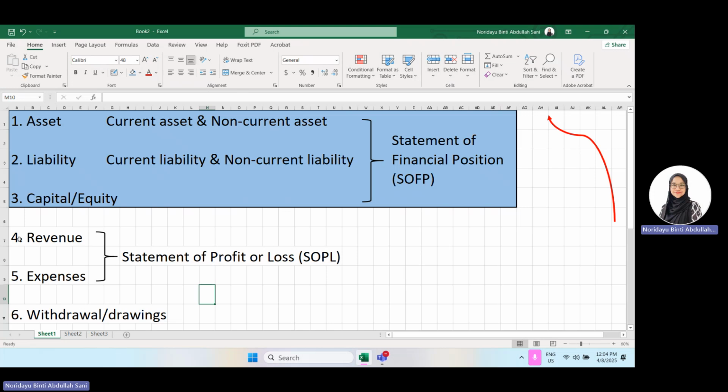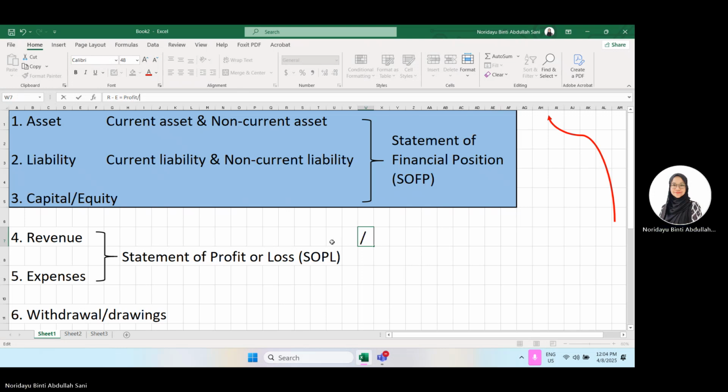So we put these two items in the SOPL, right? So it's going to be revenue minus your expenses. R is revenue, E is expenses. Revenue minus expenses. So when we have this, at the end, we are going to see the final result.